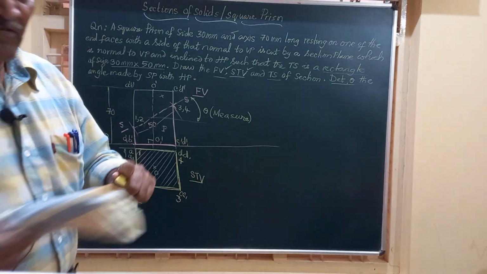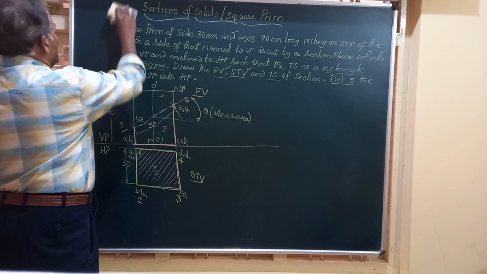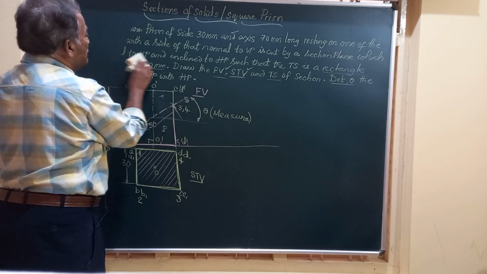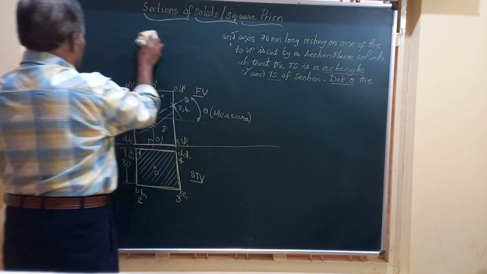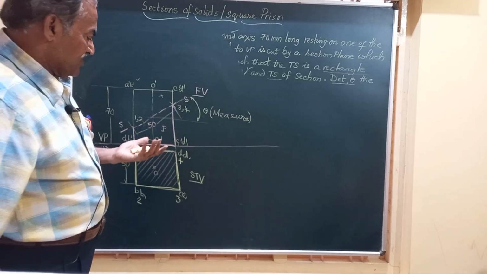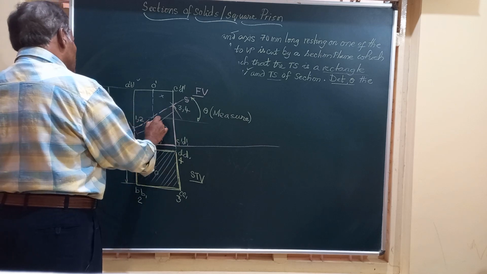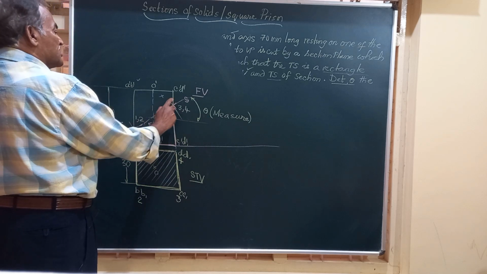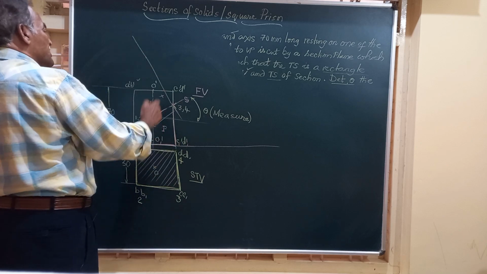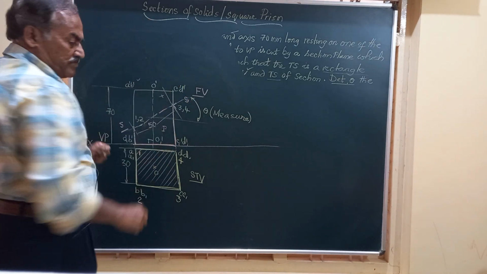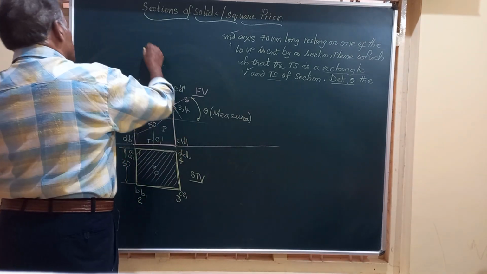So friends, we are finally left with drawing the true shape of section, and we know very well that the true shape is a rectangle. So it has a dimension 30 by 50. So to get the true shape of section, the procedure is we have to draw lines perpendicular to SS at these points. So I am going to draw a line normal to it from here at 3 and 4.